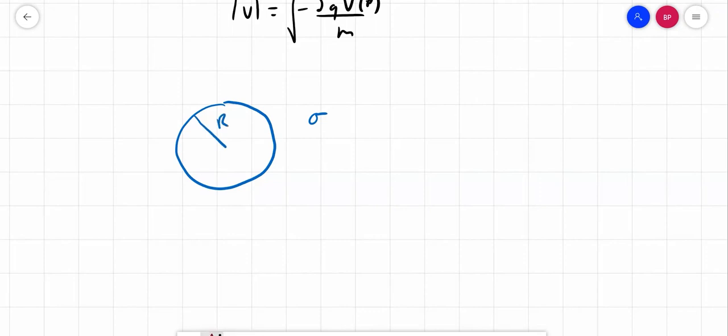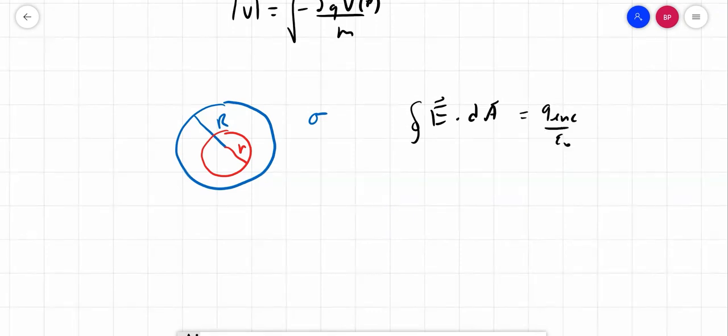So if I want to know the electric field inside, then I just draw a Gaussian surface that's inside. Say it has radius little r. All right, so Gauss's law tells us that the flux over my closed surface here is equal to the amount of charge enclosed over epsilon naught.